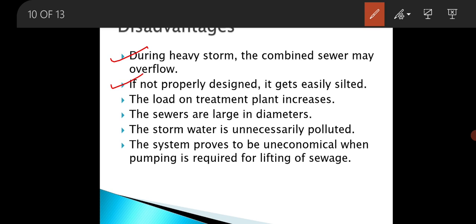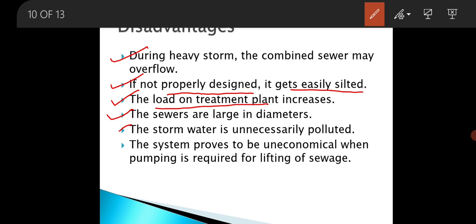And if the combined sewer is not properly designed, it gets easily silted. It will increase the load on treatment plant as both sewage and stormwater are carried to the treatment plant. Next is, the sewers are large in diameter.